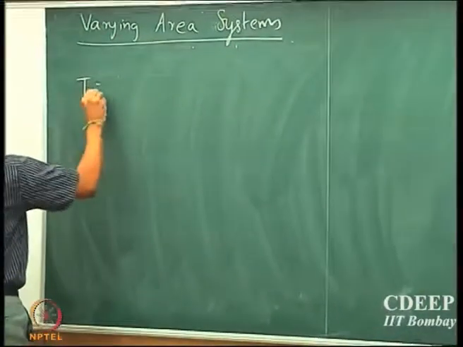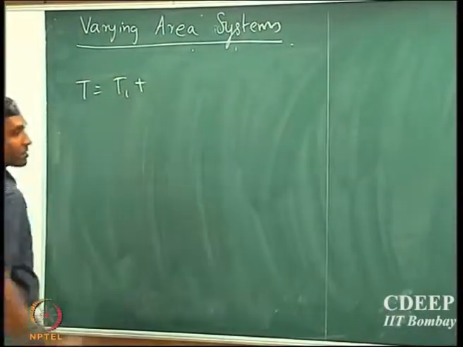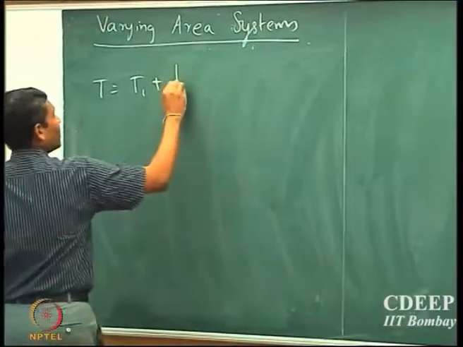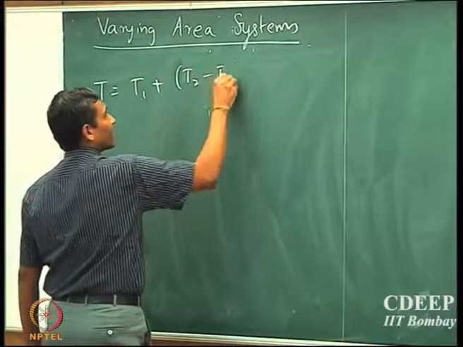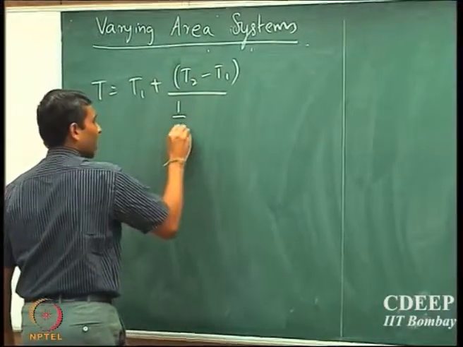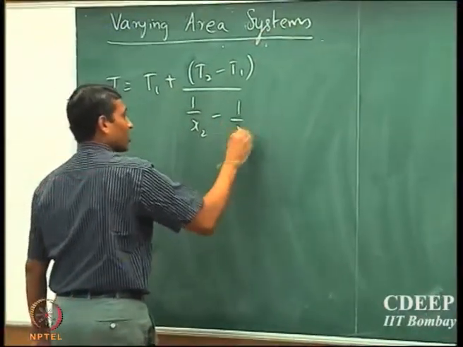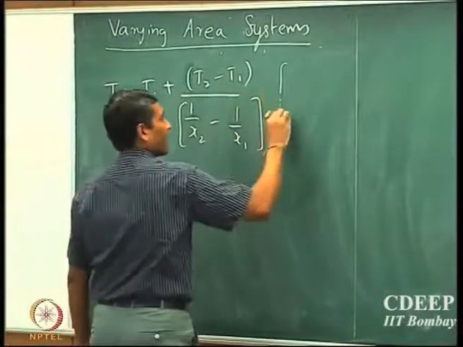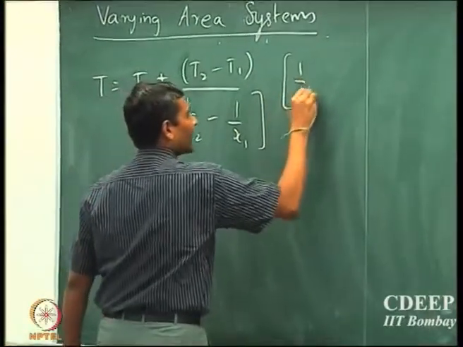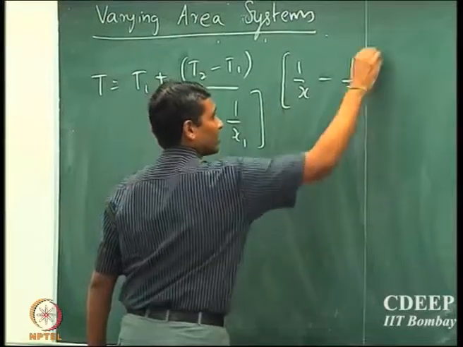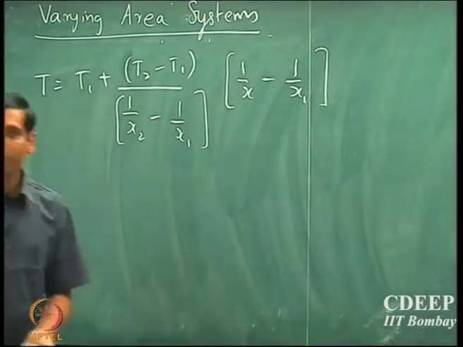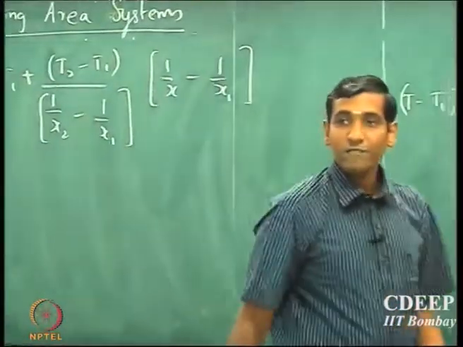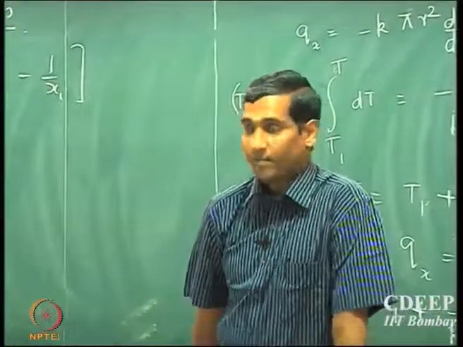So T equals T1 plus T2 minus T1 divided by 1 by x2 minus 1 by x1, multiplied by 1 by x minus 1 by x1. So that is the temperature distribution in the system with the varying cross sectional area.